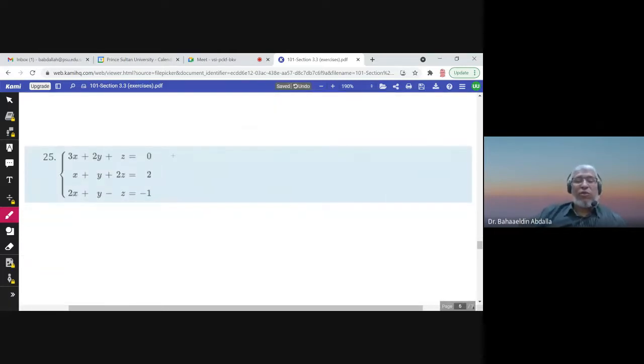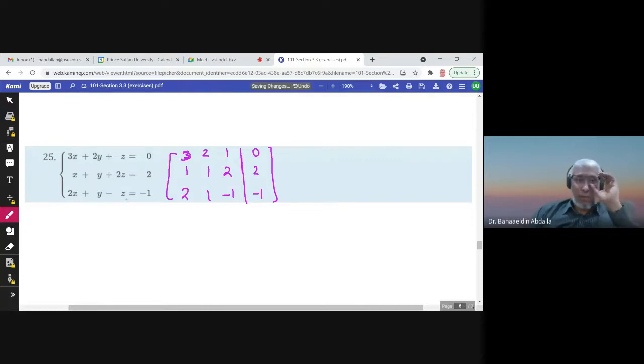Another question, augmented matrix. This is the augmented matrix. All right.